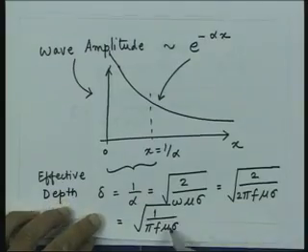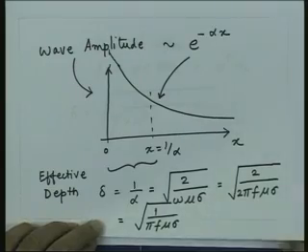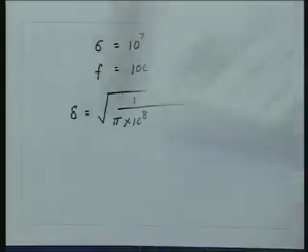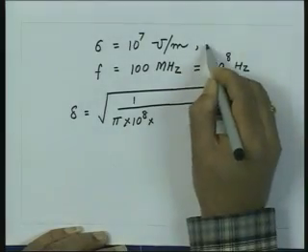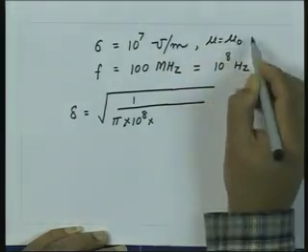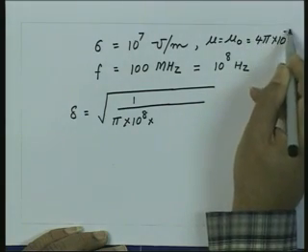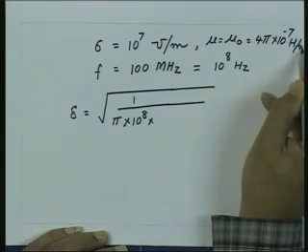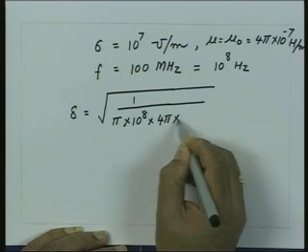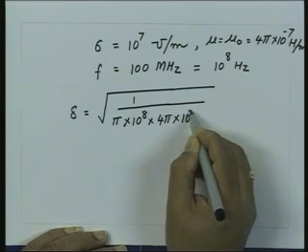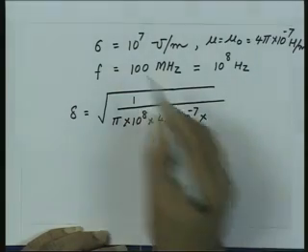Let us assume that the permeability of this medium is the same as free space, mu equal to mu 0, which is 4 pi into 10 to the power minus 7 Henry per meter, multiplied by sigma, which is 10 to the power 7.